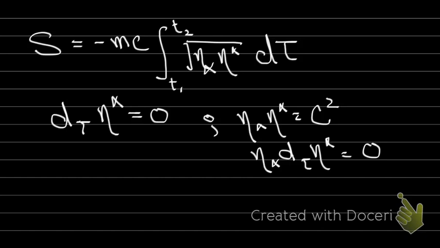But we also know that eta alpha is the proper time derivative of x alpha. That again comes from the video where I derived the proper velocity and proper time. Let's go to the next page.